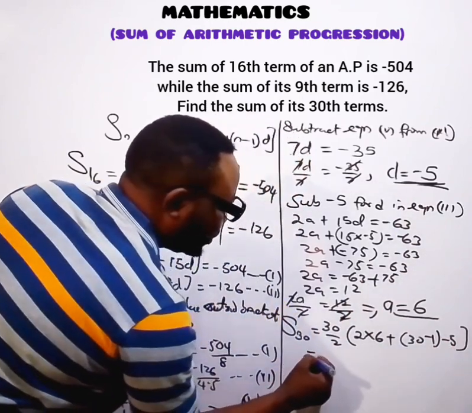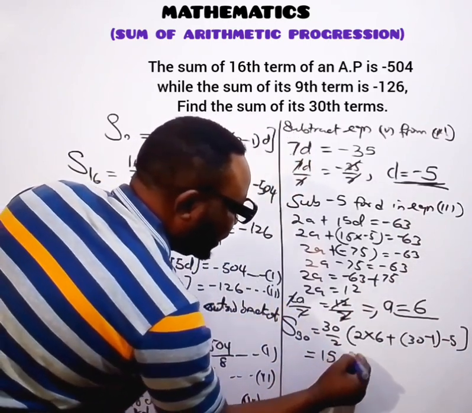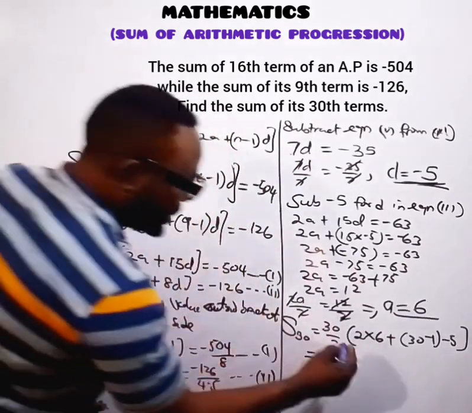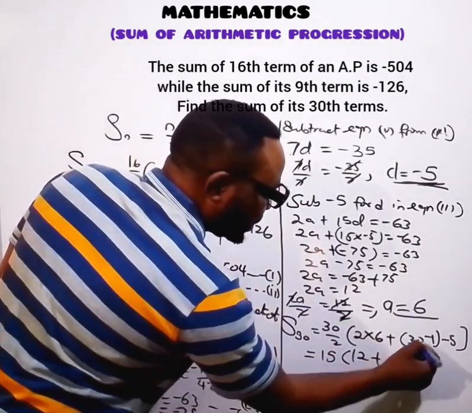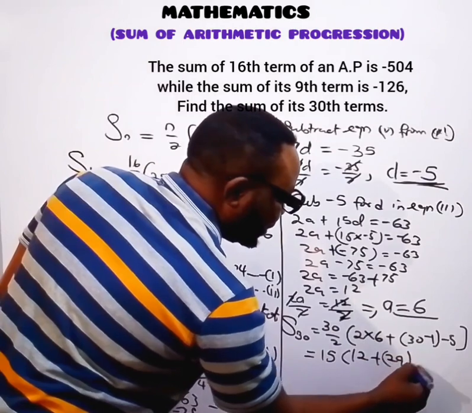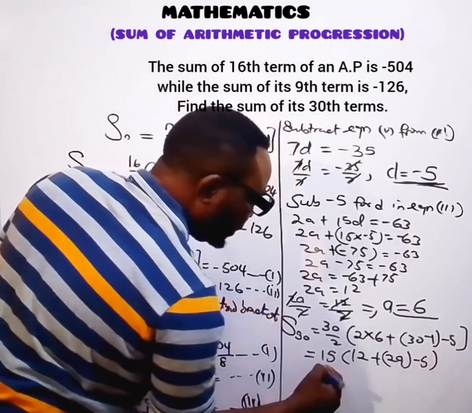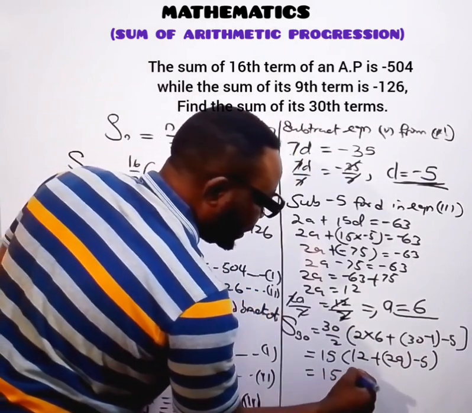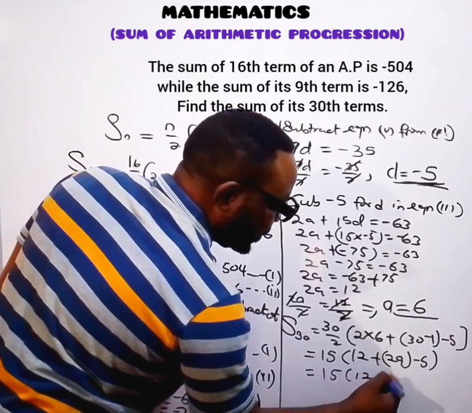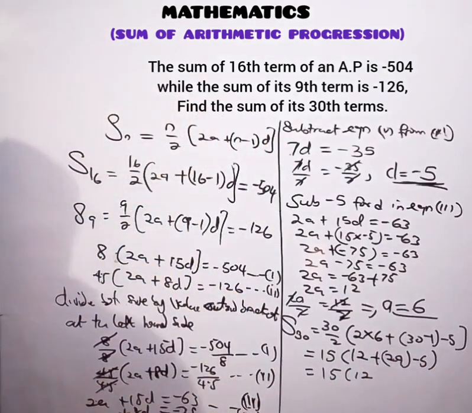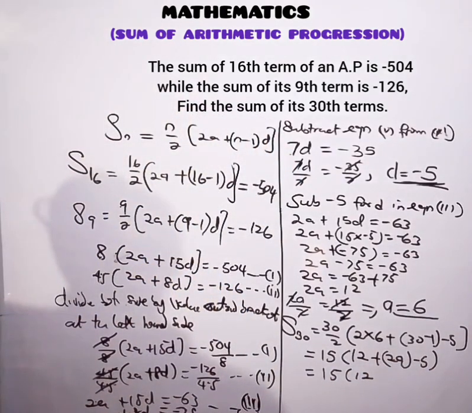So we have 15 into bracket 2 times 6 is 12 plus 29 times minus 5, which is 15 into bracket 12. 29 times 5 will give us 145.